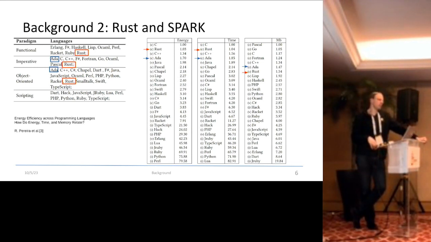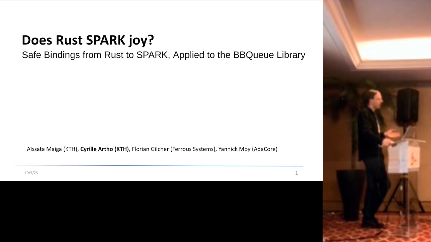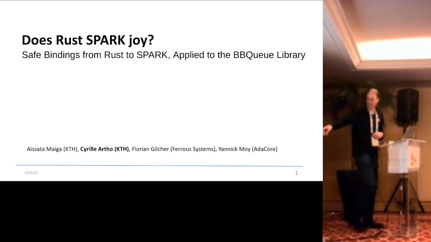I think a big reason is that Ada has been very established in the embedded systems community for many decades, especially for software that is safety critical. For example, one of the co-authors is from Ferrous Systems, a company producing railway signaling systems. The other co-author is from AdaCore, where they work on the language.